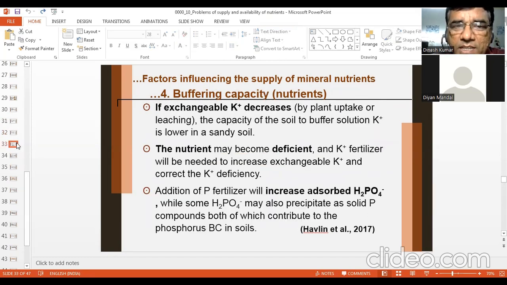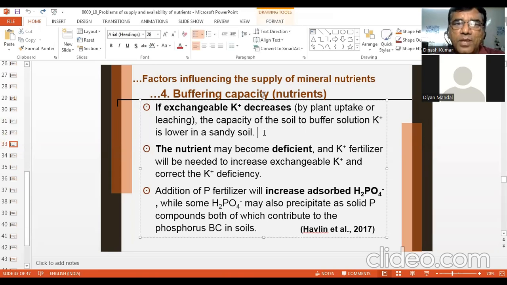If exchangeable potassium decreases on exchangeable sites by plant uptake or leaching, the capacity of the soil to buffer solution potassium is lower in sandy soil. If exchangeable K decreases by plant uptake, meaning it was in the solution and has been removed by the plant, there is a deficiency of potassium in the soil solution.